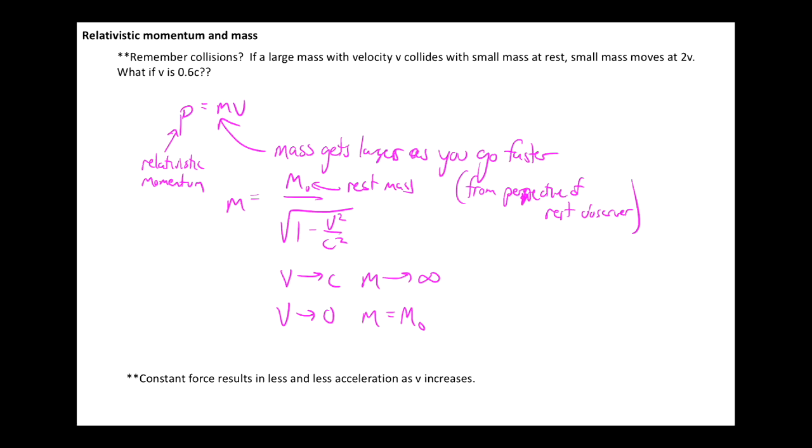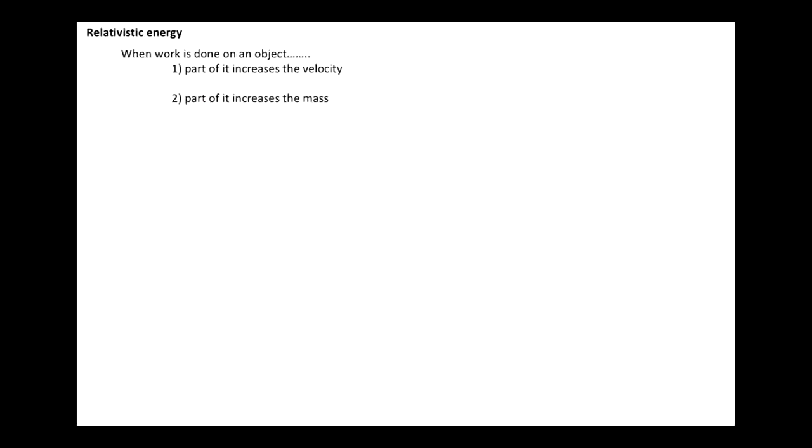Which means that, weirdly enough, if you do work on an object, like pushing the rocket with a big explosion with all this thrust, that work is transformed into energy, but in two different ways. Part of it is going to increase the velocity, but part of it is going to increase the mass. Just due to conservation of energy, it has to go somewhere.